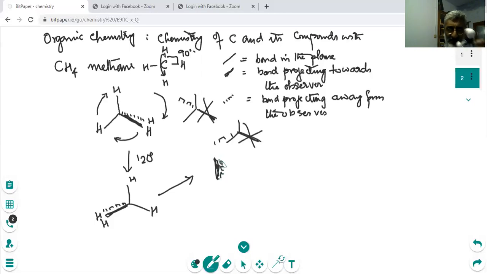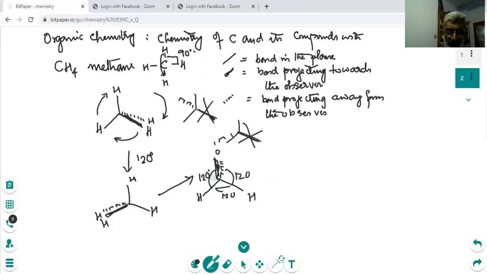If you are observing from the front, you can see the angle between these two is 0, and these three are 120 to each other. This is 120, this is 120, and this also is 120. Okay, so this is the three-dimensional structure of the methane molecule.